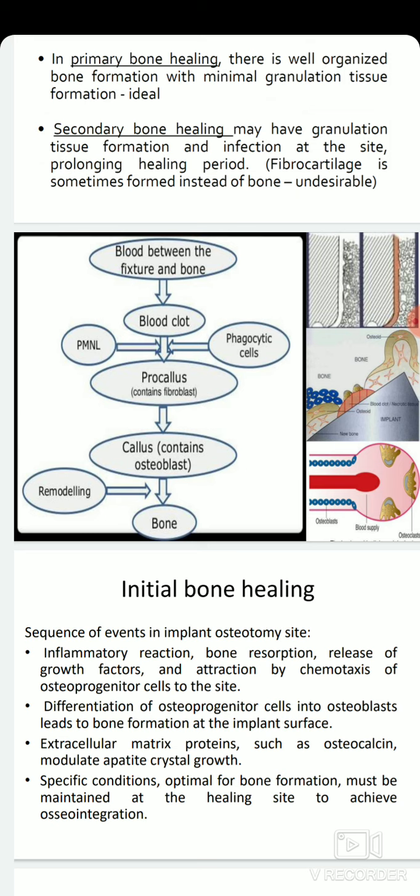Procallus formation is the next step, where there will be more deposition of fibroblasts, which later converts to callus, where they differentiate into osteoblasts, and then remodeling of bone takes place and organizes.